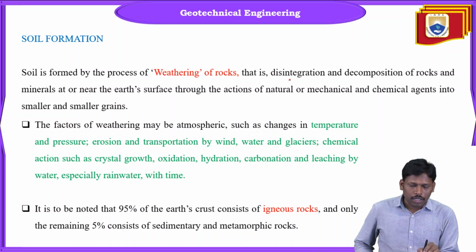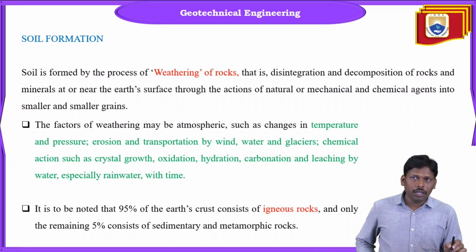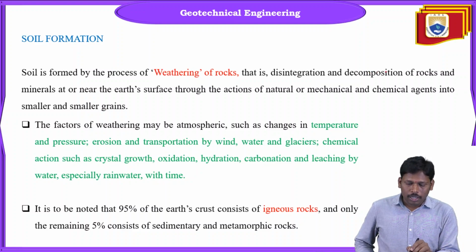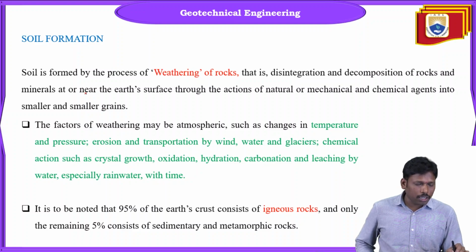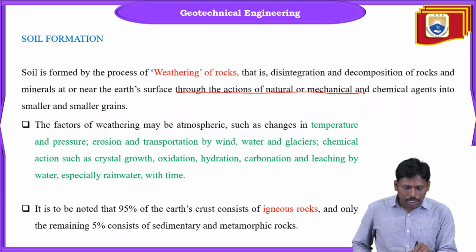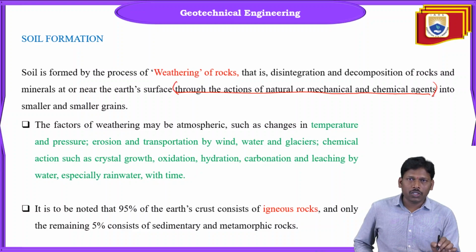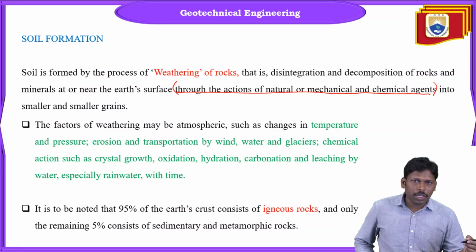That is, weathering is the disintegration and decomposition of rocks and minerals at or near the earth surface through the action of natural, mechanical and chemical agents. Once this disintegration has taken place, the parent rock gets weathered, and from that process, finally smaller particles will form.